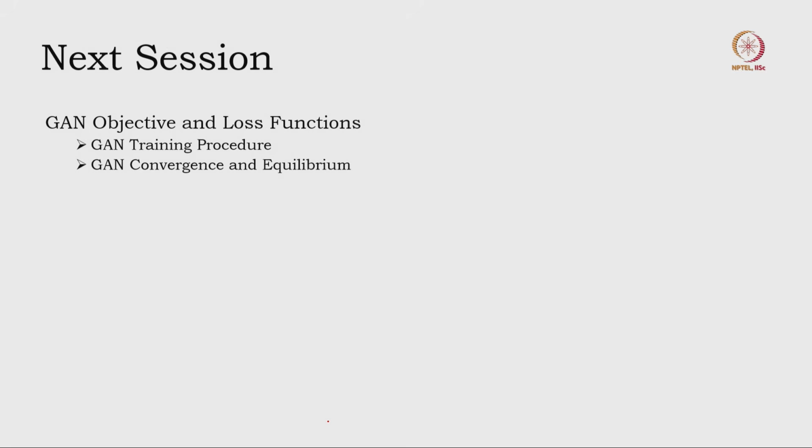In the next session we will look into the GAN objective and the loss function, the training procedure, and how GAN will converge, and we will look into an important concept called Nash equilibrium. This will be the point of discussion for the next session. Thank you.